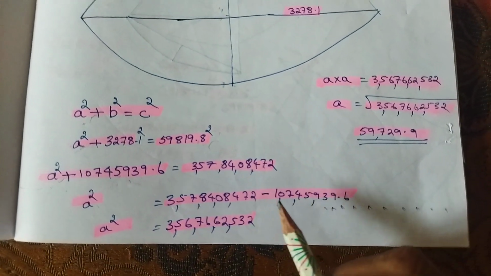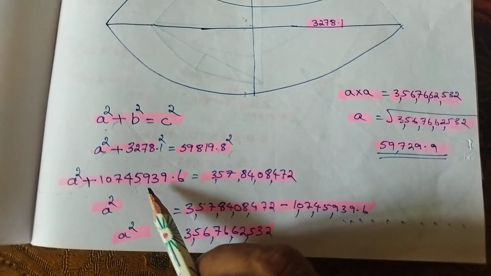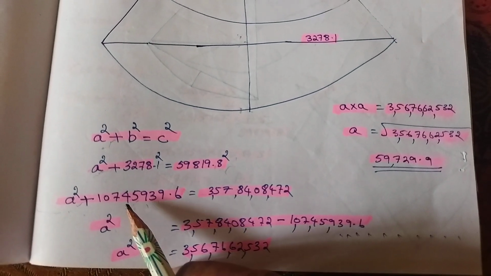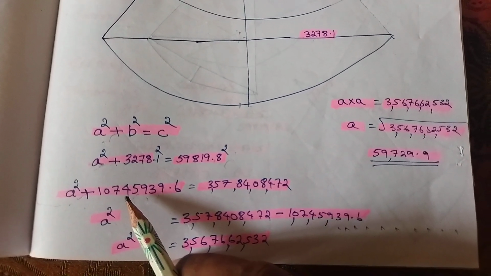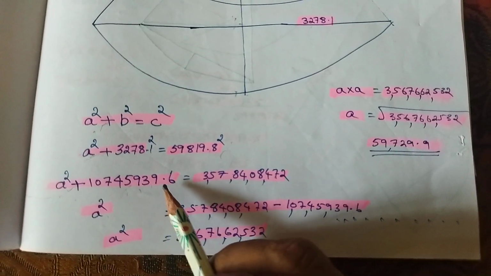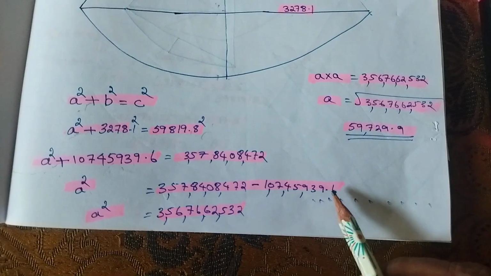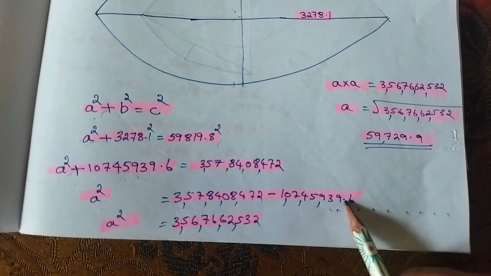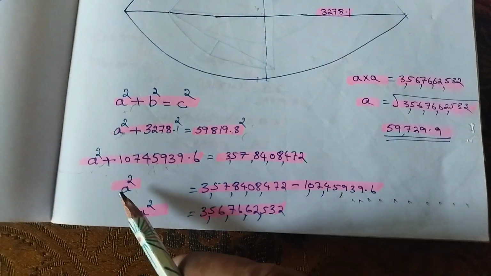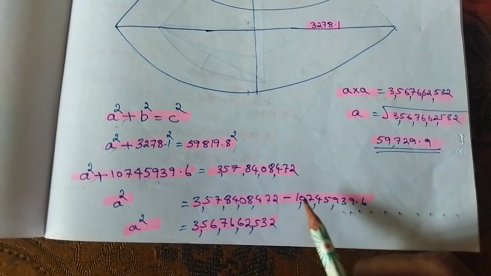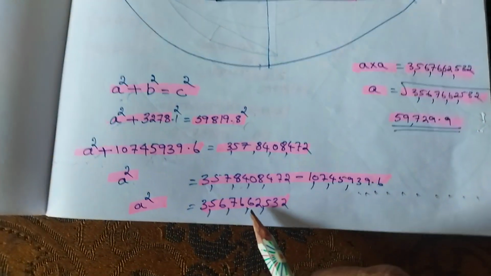This measurement minus this measurement, 1 crore 7,45,939.6, has come to this place and it has been subtracted. A square is these two subtracted. Then we get this measurement.